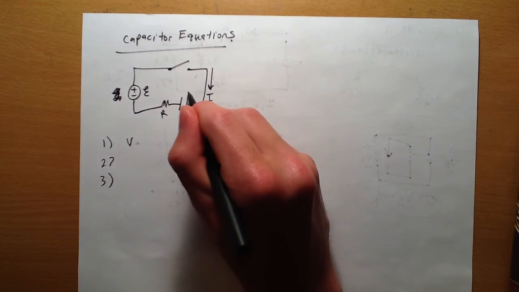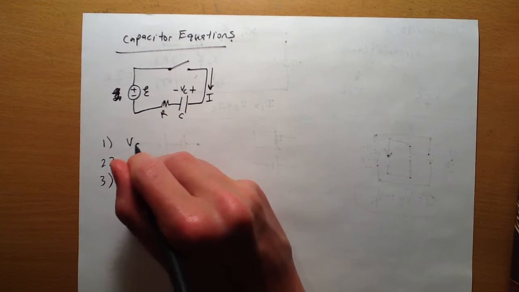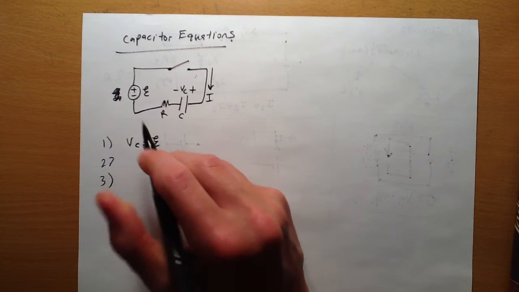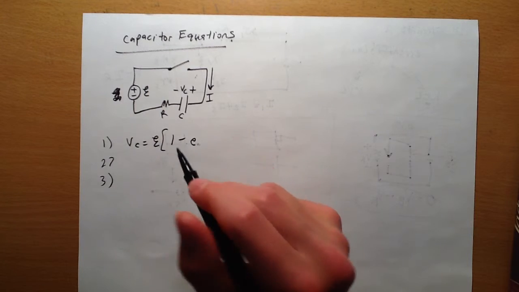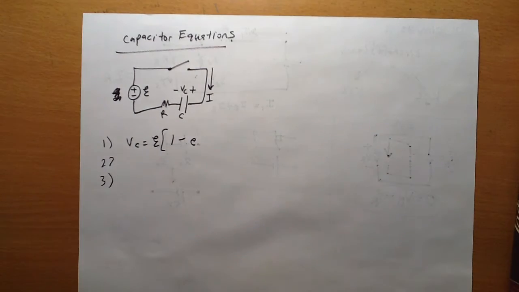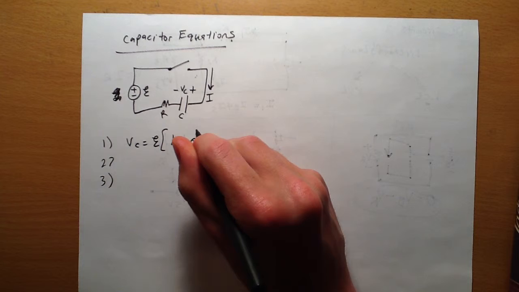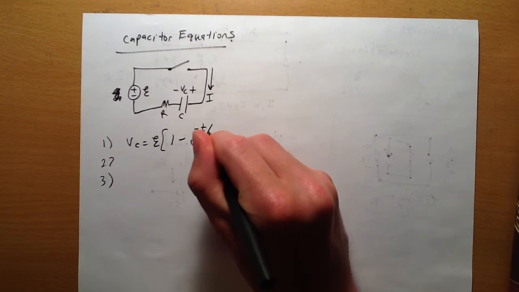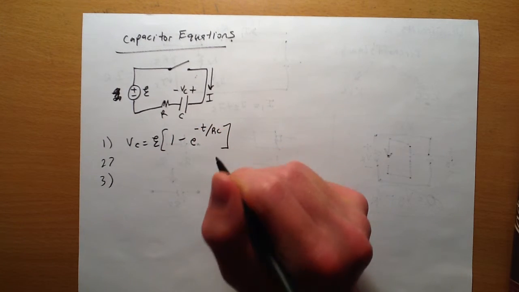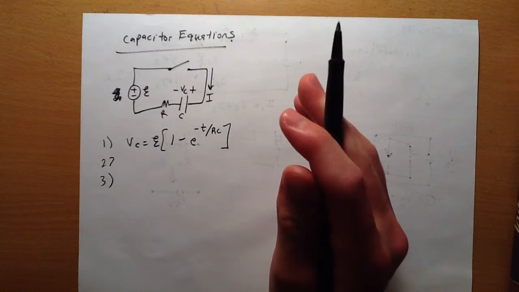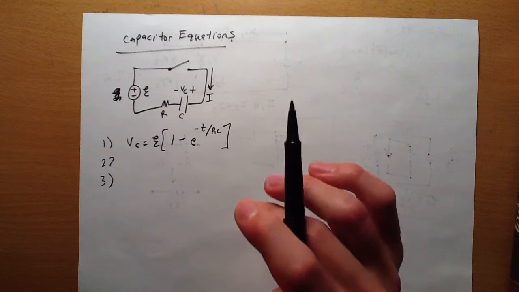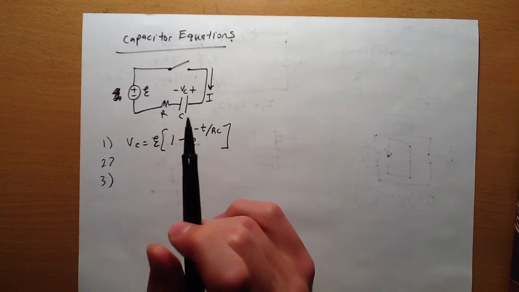First is the voltage of the capacitor is equal to epsilon, voltage of the battery, times 1 minus e, which e is just the constant we all know. It's 2.7 something. It's in your calculator. To the power of negative t, which is time over RC.